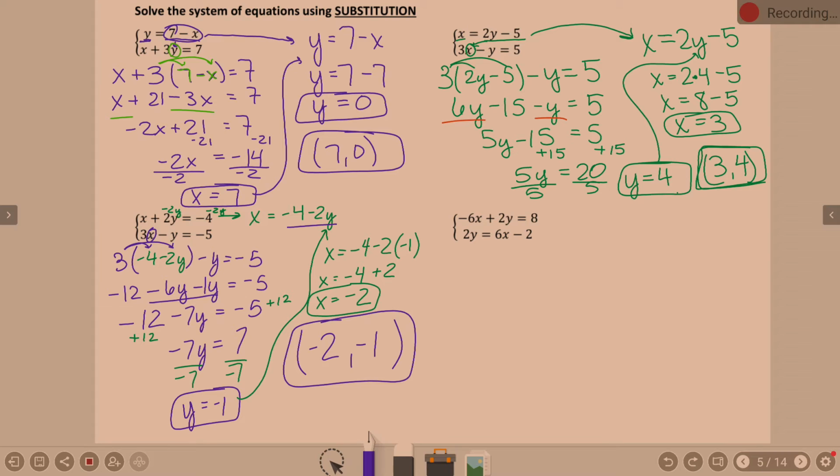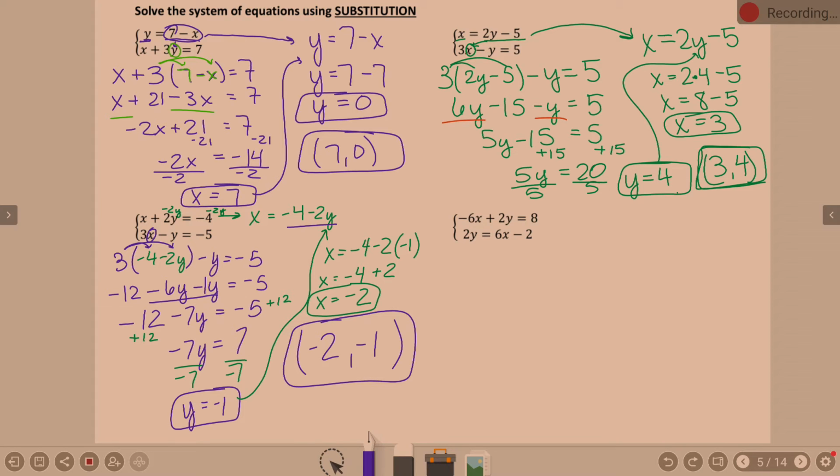If I'm looking at substitution, do I have an equation that is x equals or y equals? Nope. I don't, do I? Okay. Options. And different people may do different things on this one. What are you going to say, Gatlin?